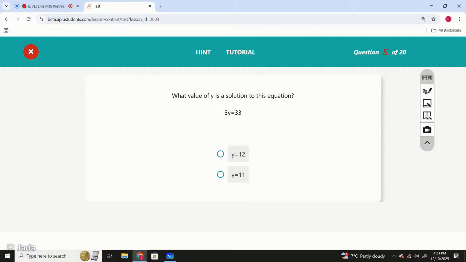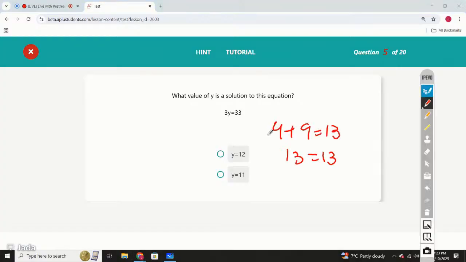What value of Y is the solution to this equation? 3Y equals 33. Replace the variable Y with the value. So that is 3 times 12, which is 36. 36 is not equal to 33, right?